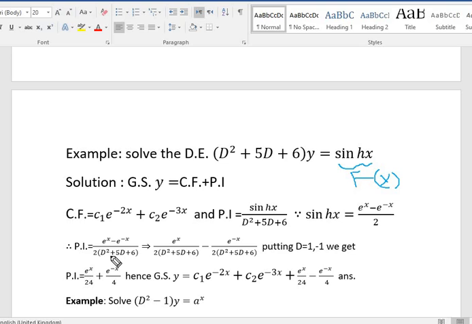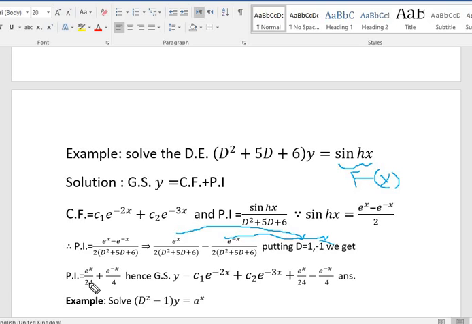This means (D^2 + 5D + 6) equal to e^x divided by this one, minus e^(-x) divided by this one. Now here D equals a equals 1, and here D equals a equals minus 1.